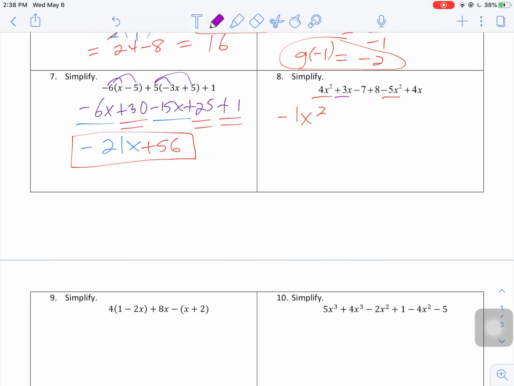Then 3x plus 4x is 7x. And then last but not least, negative 7 plus 8 is 1. If you left the negative 1 in the front, I wouldn't mark it wrong, but I typically like to drop that negative 1 because it's more simplified to not have it there.